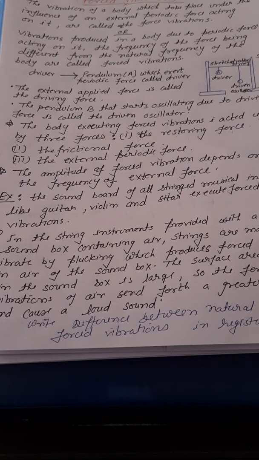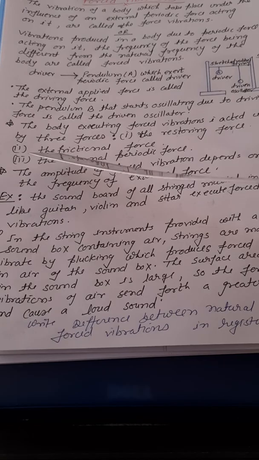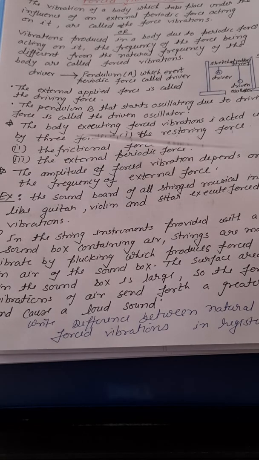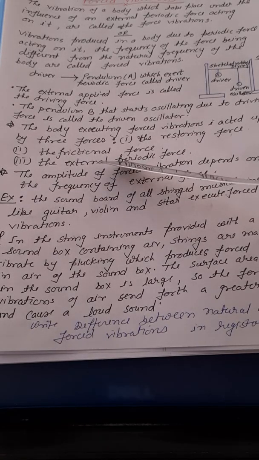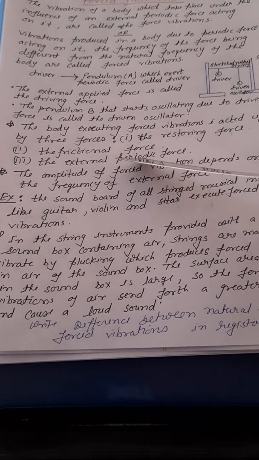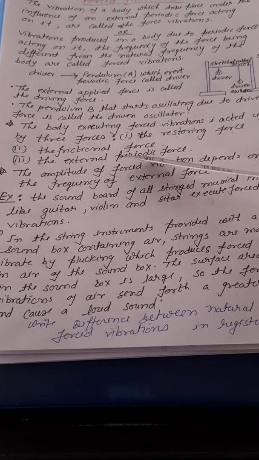In damped vibration, two forces are acting. Which two forces? Restoring force and frictional force. Now in case of forced vibrations, there are three forces acting on it. What are the three? First is restoring force, second is frictional force, and third is the external periodic force. The word periodic means the force is applied by the external body at equal intervals of time.